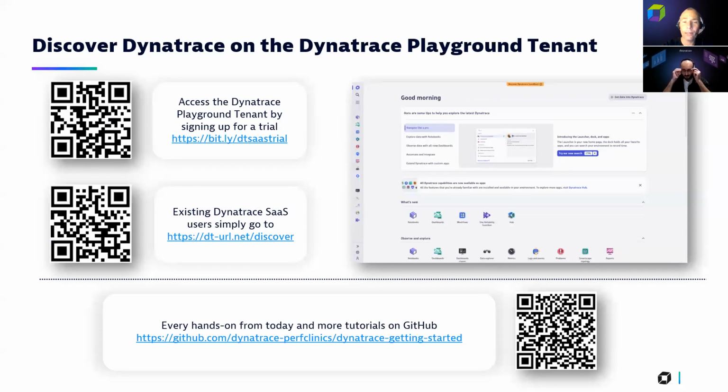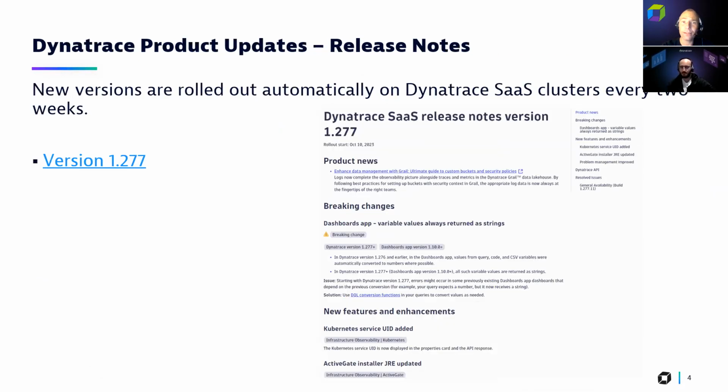This is a short URL, but you also find it in other resources that we have on the bottom. A reminder of a GitHub repository that we use to provide different tutorials that guide you through different use cases that you can do with Dynatrace.